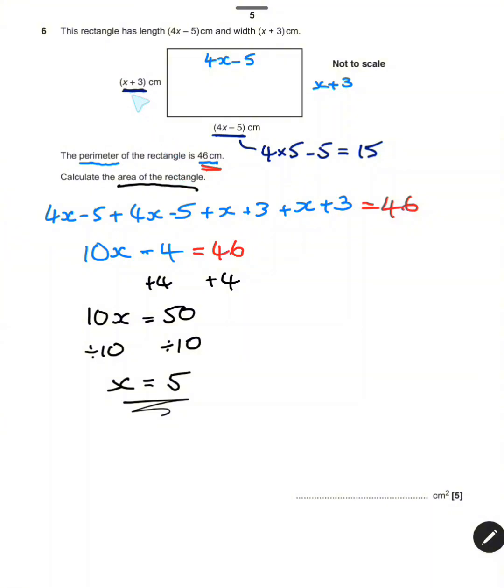And then same over here, we know that x is 5, so 5 add 3, that's simply 8. The area is going to be 8 times 15. Well, 8 10s are 80. 8 5s are 40. Your area is 120 centimetres squared.